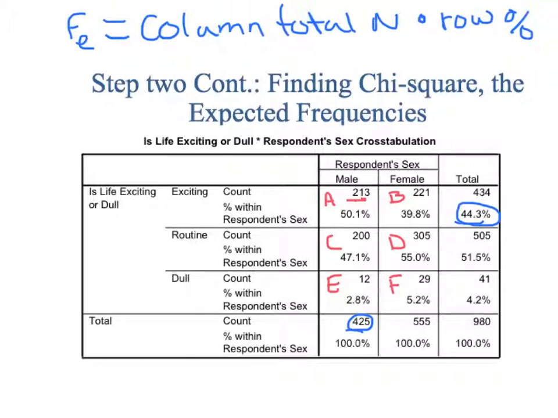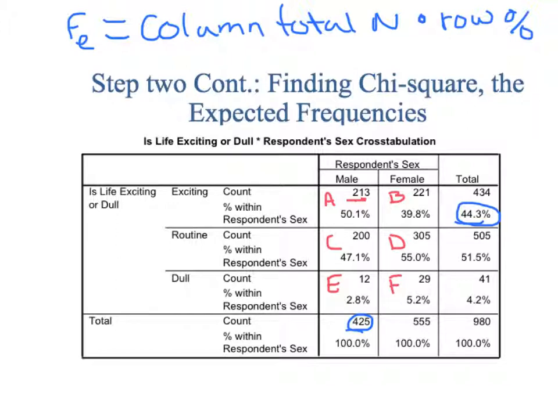And so if men and women were the same, then men should be 44.3% and women should be 44.3%. And so we're just calculating how many that would be of our 425 total men. So for cell A, we're going to multiply 425 times 0.443 to get our f of E for cell A.